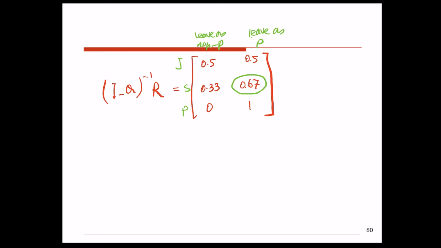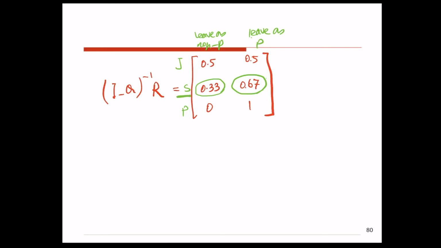For example, this number shows that if a person is at the senior lawyer state right now, the chance that the person finally leaves the firm as partner is 67%. The chance that the person leaves the company at some point as non-partner is 33%.